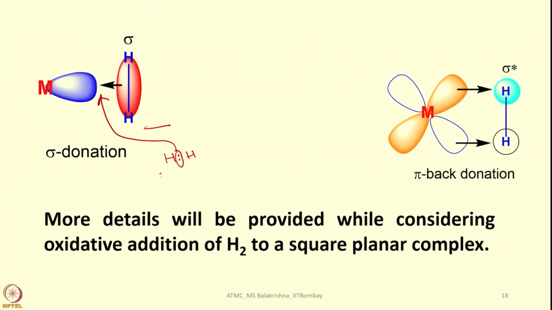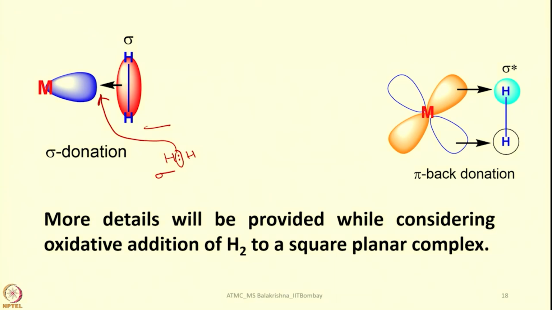So, this is called sigma, and then in the molecular orbital diagram that I am going to show in a couple of minutes, you have a filled sigma orbital with a pair of electrons that is responsible for making the H2 molecule, and also a high energy empty sigma star.